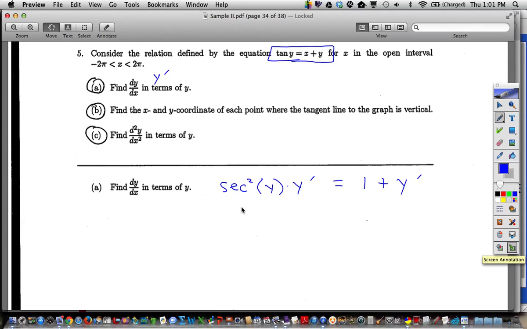So I need to group the y prime terms on one side, so I move that other y prime over here, okay, like that. Now I'm going to take out a y prime. And then divide.